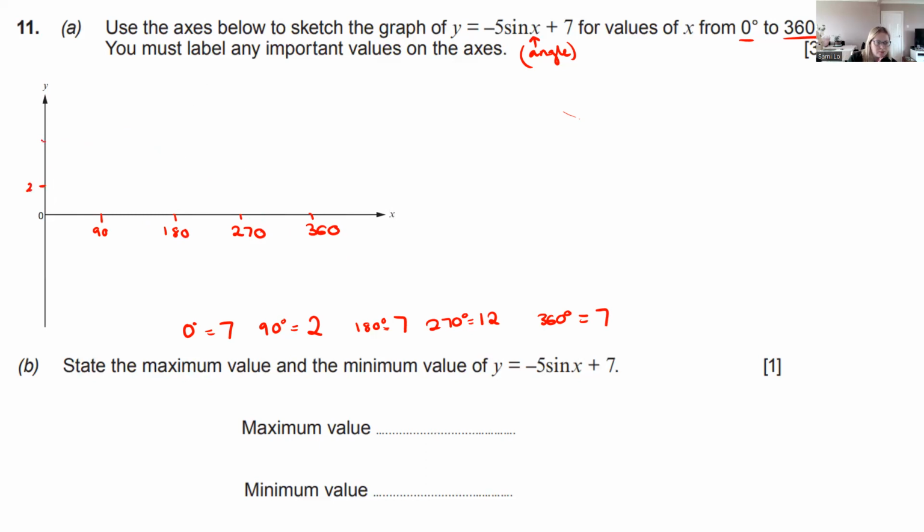So I might do 2, 5, and then 12. That'll do. At 0, I just realised I've written 5 instead of 7. Might space it out a little bit better as well.